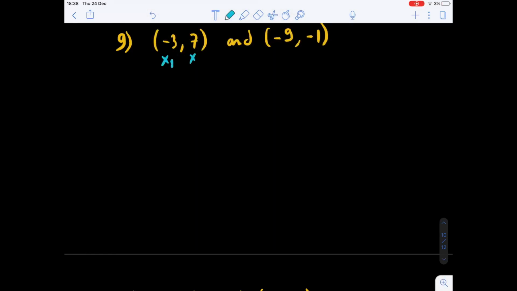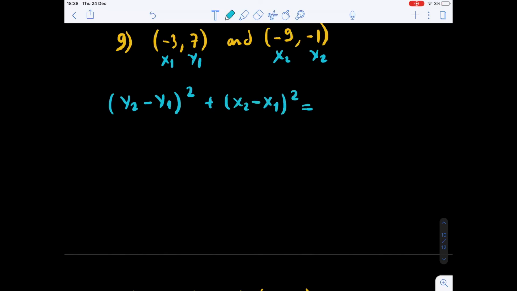Okay, we have 2 points again. Let me name x1 and y1 here, and here x2 and y2. So the distance is y2 minus y1 squared plus x2 minus x1 squared equals the distance between these 2 points. Let's name A squared.